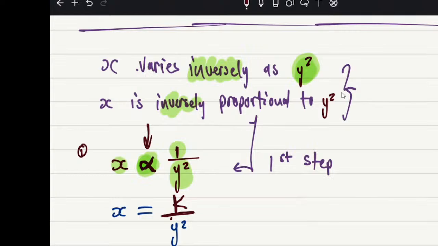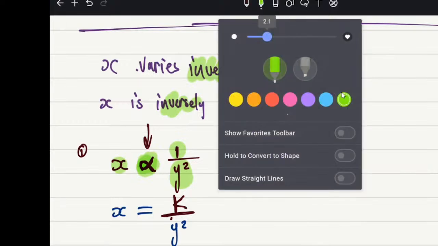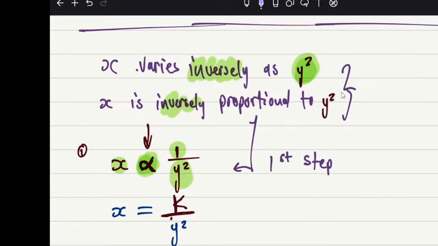Now, listen, everybody. The last step. Let me tell you. The last step is this. You are going to be given a relationship.